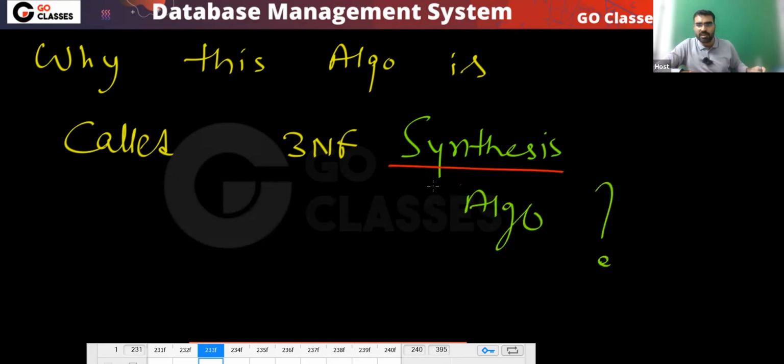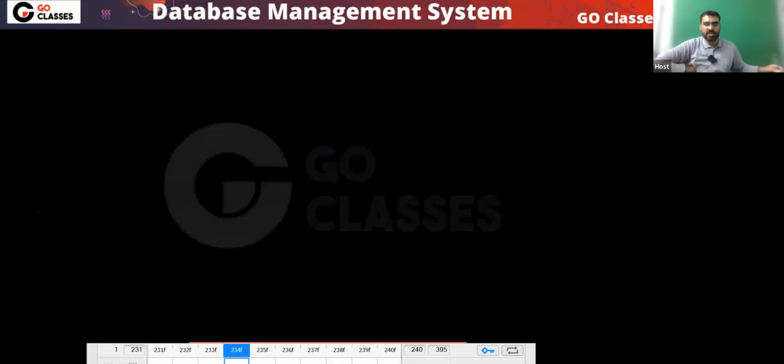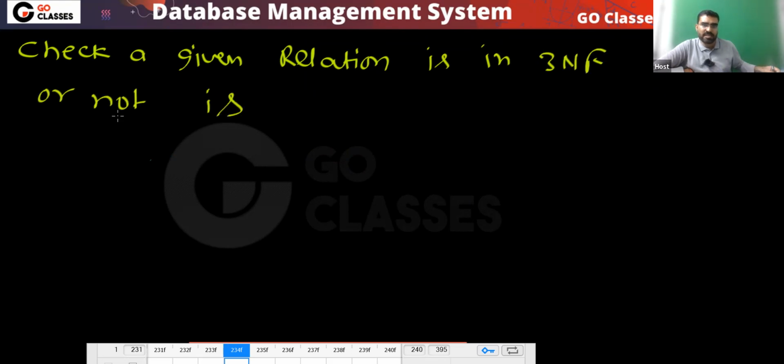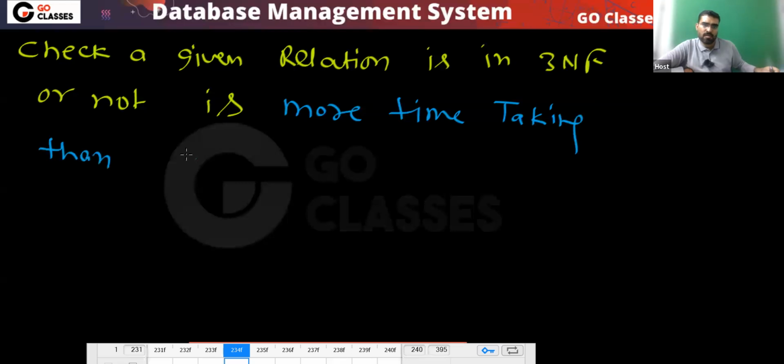Okay, so where is this word coming from, synthesis, the 3NF synthesis algorithm? The reason is very simple: checking whether a given relation is in 3NF or not is more expensive, more time-consuming, than running this algorithm.